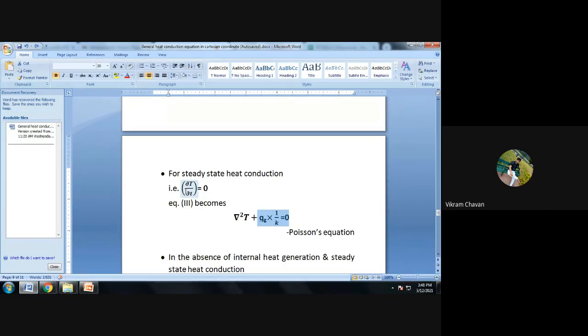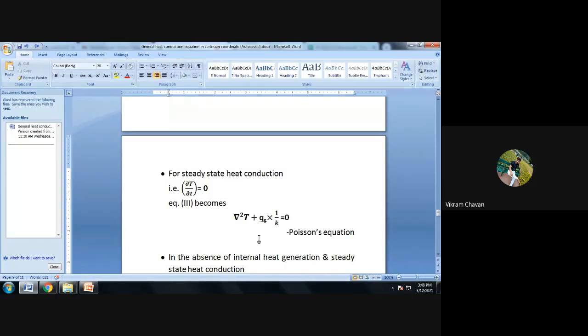When we apply this condition to equation number 3, we get Poisson's equation, which is del square T plus Qg divided by K equal to 0, or del square T plus Qg multiplied by 1 upon K equal to 0.